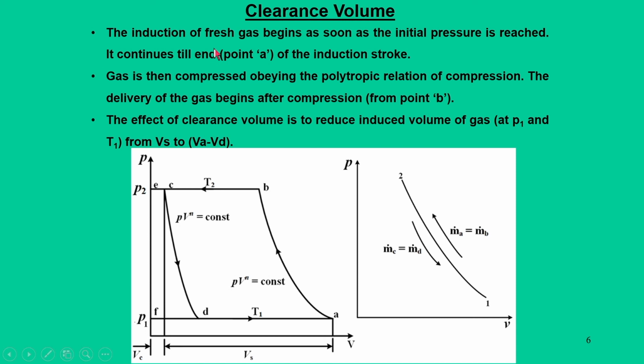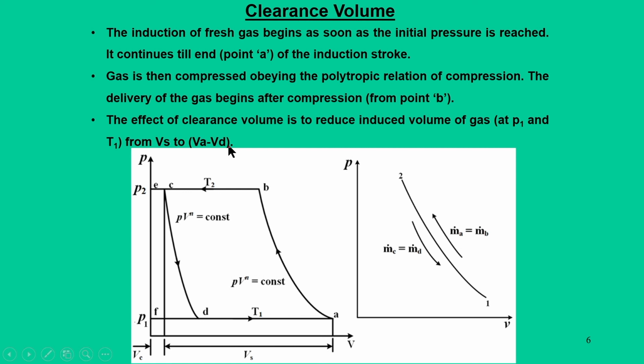The induction of fresh charge begins as soon as the initial pressure is reached, and it continues till the end, point A, of the induction stroke. The gas is then compressed obeying the polytropic compression, and delivery of gas begins from point B. The effect of clearance is to reduce the induced volume at P1 and T1 from V S to V A minus V D.